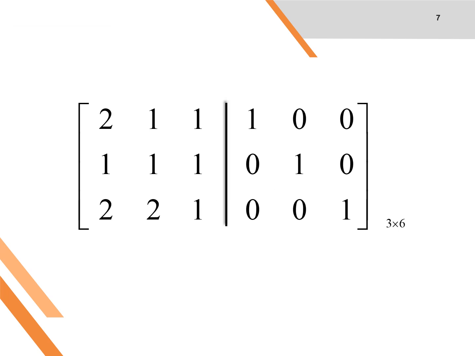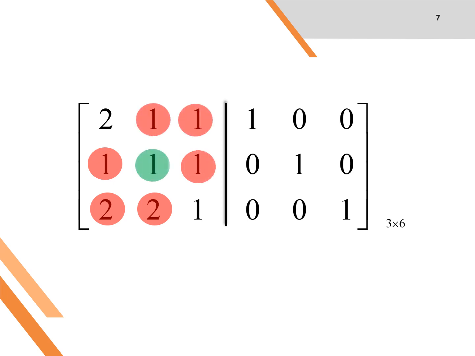Okay, next we are going to change this number to become number 0 and this number on the diagonal to become number 1.